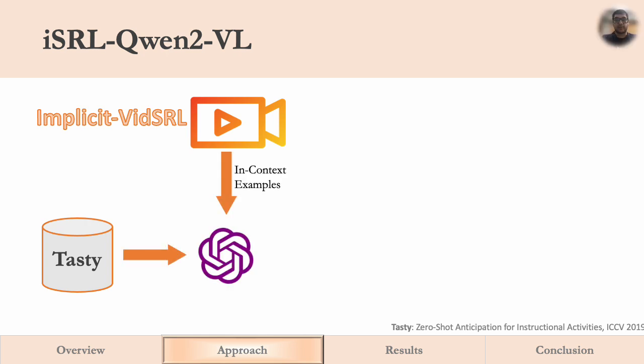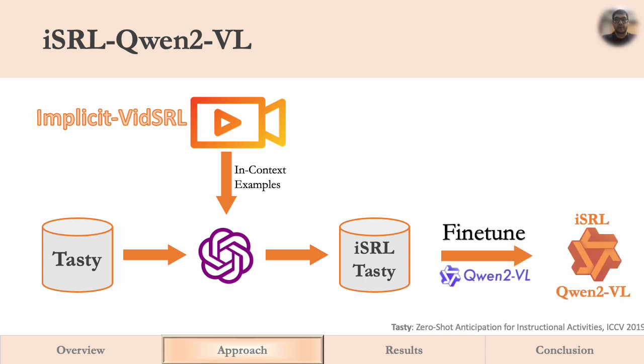We design chain of thought prompting with in-context examples from the human annotated dataset, that is Implicit-SRL, and pass it to the GPT-4o model. We use the training dataset from the Tasty data. The silver standard dataset is parsed into a format similar to Implicit-SRL. Later on, we fine-tune the Qwen2-VL model with next step anticipation tasks and semantic roles.